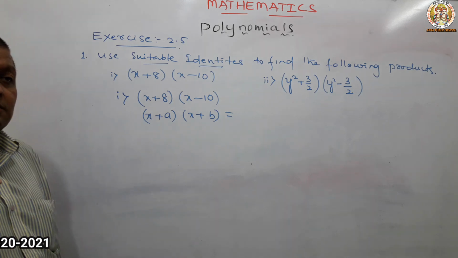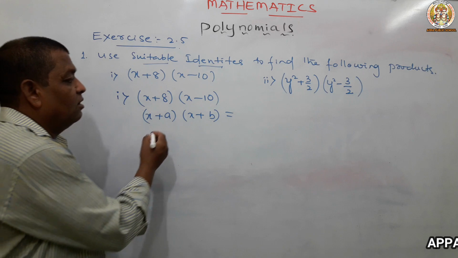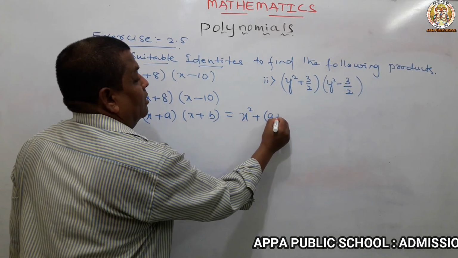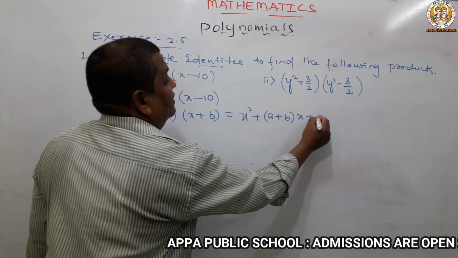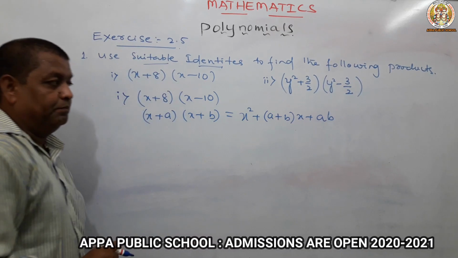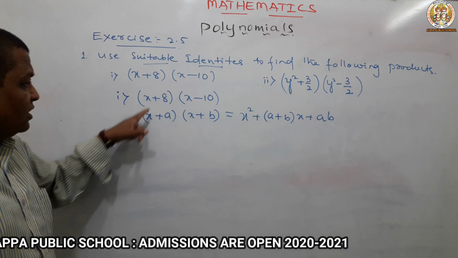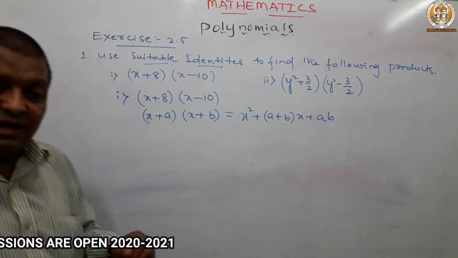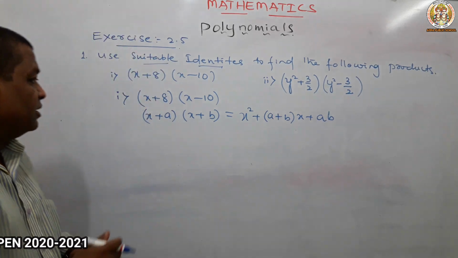So always keep all identities on the tip of your tongue. If you write it like this, then you get the identities and values very easily. So presentation is very important.